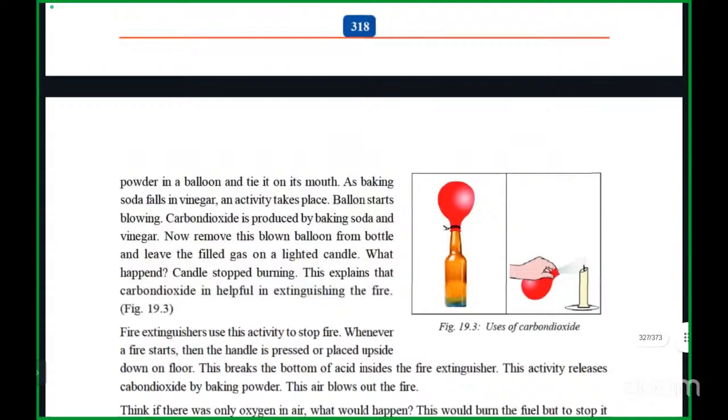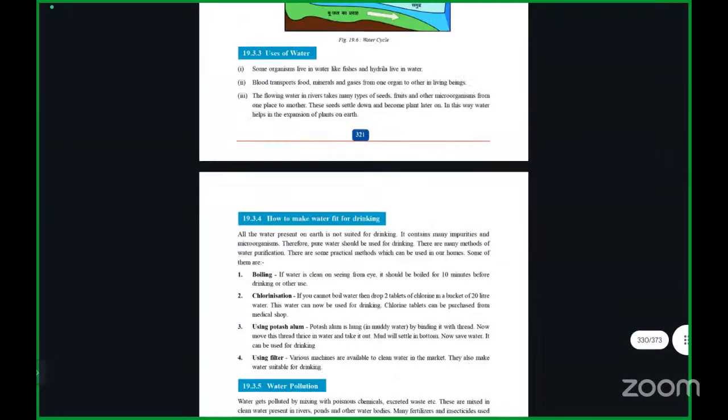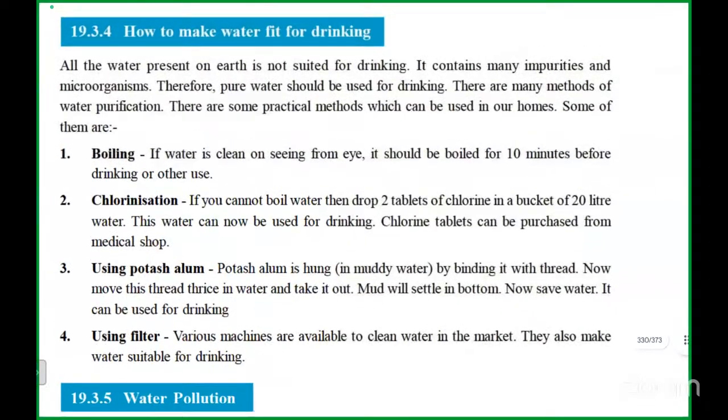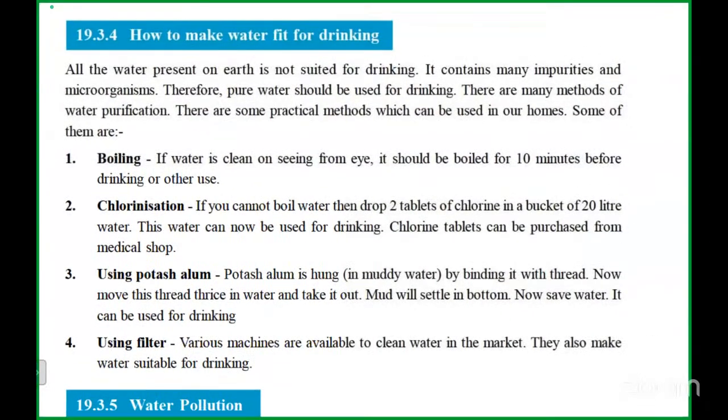We have the ways: boiling, chlorinization, using potash alum and filter. I asked any two. So don't write just one, boiling, two, filter. Explain chlorinization.